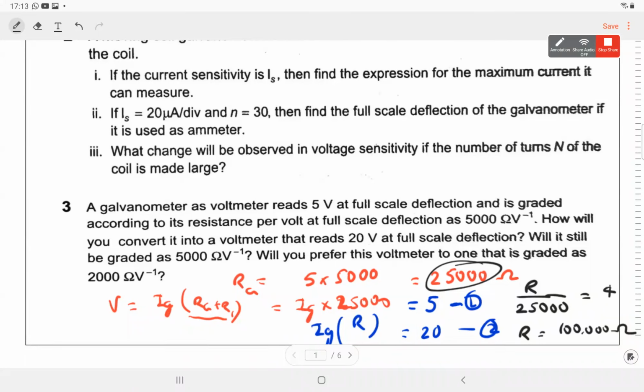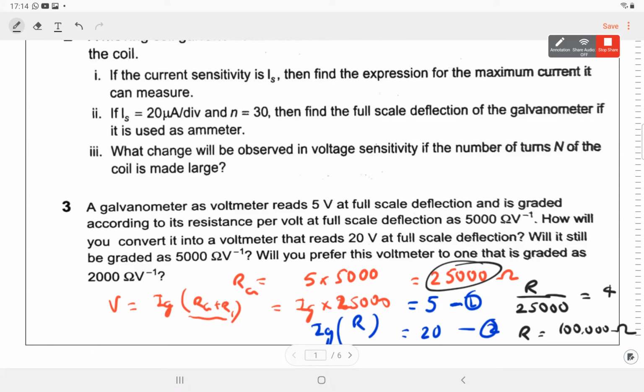Right, understood? The way of giving this information is different. Here we first made a 5 volt range voltmeter, so for 1 volt of potential the resistance required is 5000 ohm, because it is in series, V is directly proportional to R. So 5000 for 1 volt, 25,000 for 5 volt. If you want to make the range 20 volt, how much resistance should be connected?